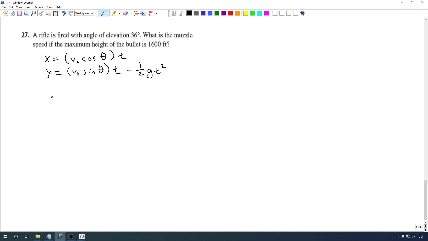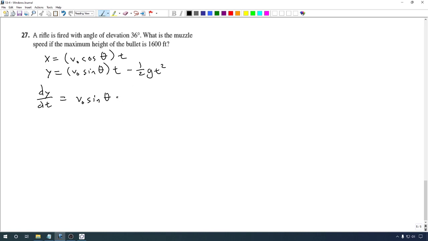So how do we determine where the maximum value of a function is? We use calculus. We are going to take our formula for y, and we're going to differentiate with respect to t, say dy dt. Now, of course, most of the stuff here doesn't depend on t. V naught, theta, and g are all constants. So this is a constant times t, so we just end up with the v naught sine theta from that.